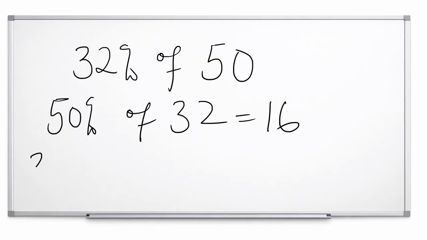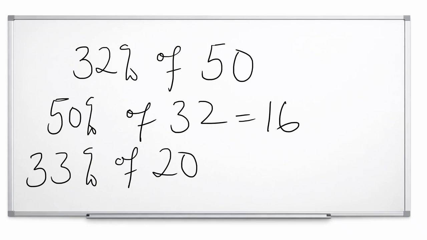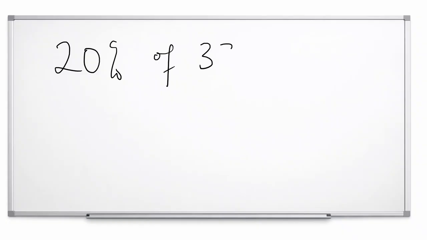Now, let me give another example here. If you have 33% of 20, this is equivalent to saying we have 20% of 33. Now, let me rewrite this. It means you have 20% of 33.